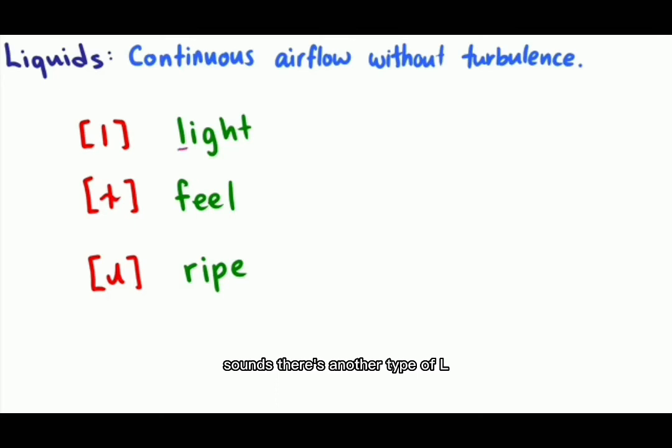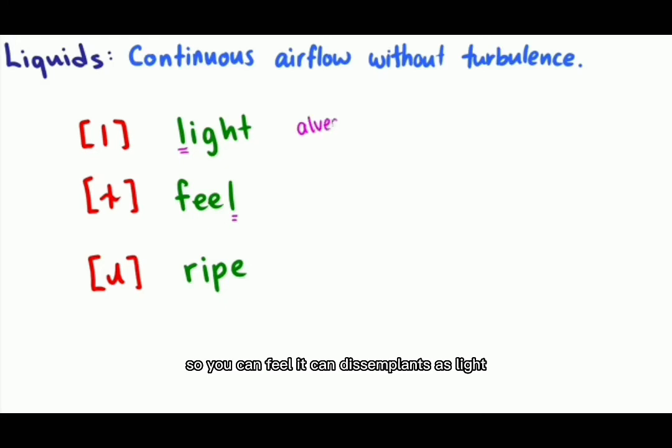There's another type of L we have in English that we usually don't introduce in phonology, but I want to introduce it to you because you will feel a difference for sure, and that's in the word feel. In this case, light is alveolar.